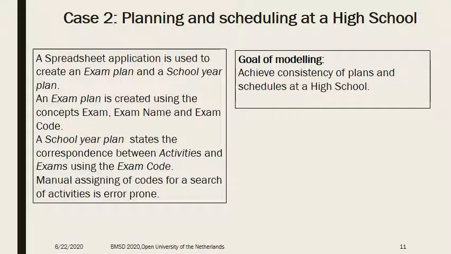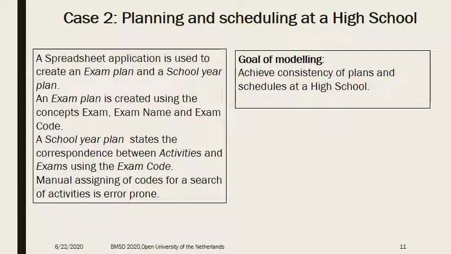Let us consider another case study. Planning and scheduling at a high school. A spreadsheet application is used to create an exam plan and a school year plan. An exam plan is created using the concepts exam, exam name, and exam code.